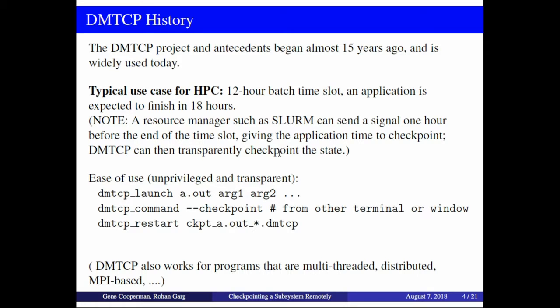Hopefully that sounds familiar to many of you. Slurm, of course, or whatever resource manager, can send you a signal when time is about to elapse, but then it's up to you to figure out what to do. With transparent checkpointing, it's very easy to hook that up.